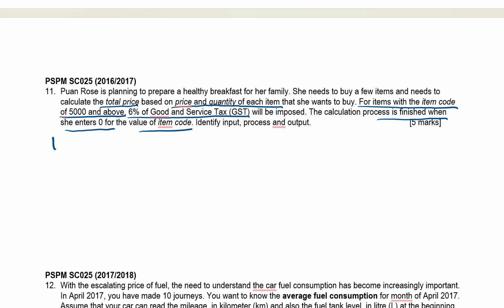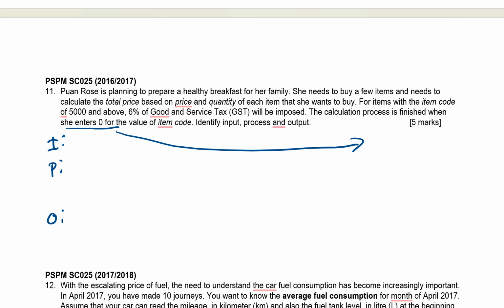IPO. Alright, now for this question, it is quite complicated if you read the question. Now you have to identify what is the control structure first. Based on this problem statement, the calculation process is finished when she enters 0 for the value of item code. This one is a repetition.